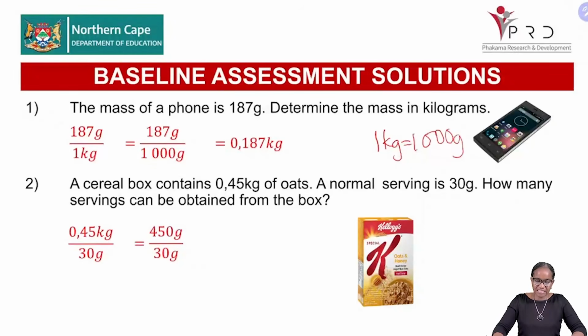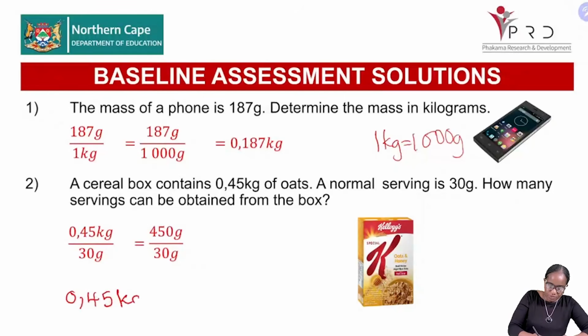450 grams. How did we obtain that? We multiplied our 0.45 kilograms by 1,000 grams. Remember, we are changing to a smaller quantity. So when we're changing to a smaller quantity, we multiply.